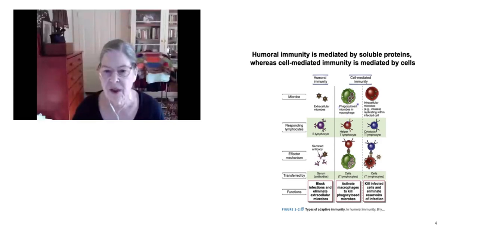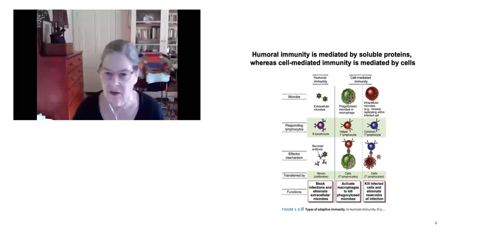So, for instance, if you have microbes that are ingested by a macrophage, and this is, for instance, true for tuberculosis, helper T cells can recognize the phagocyte.